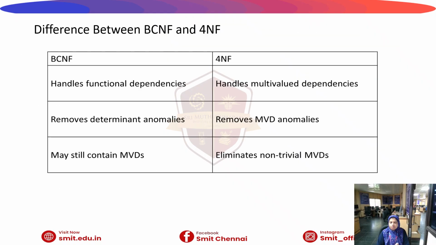Now the difference between BCNF and fourth normal form: Boyce-Codd handles functional dependencies, but fourth normal form handles multi-valued dependencies. BCNF may still contain multi-valued determinants, while fourth normal form eliminates the non-trivial ones.